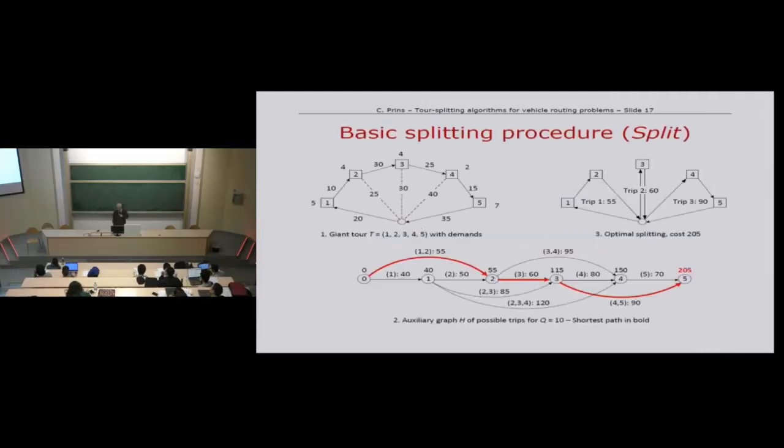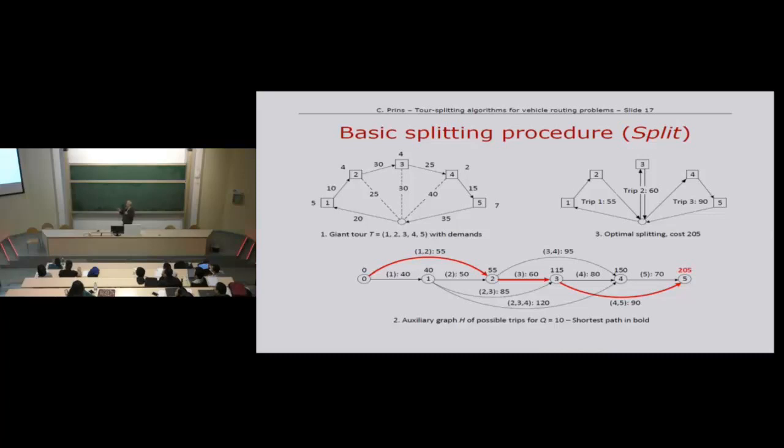So what is the principle? I show you on an example first. You consider a giant tour. Here it's a giant tour with 5 nodes, 1, 2, 3, 4, 5. It can be obtained by any TSP heuristic or exact method.